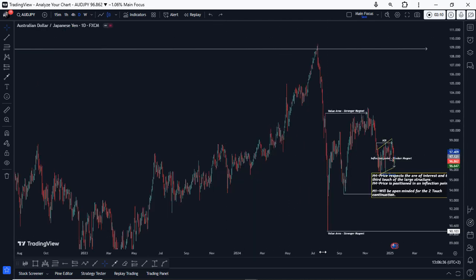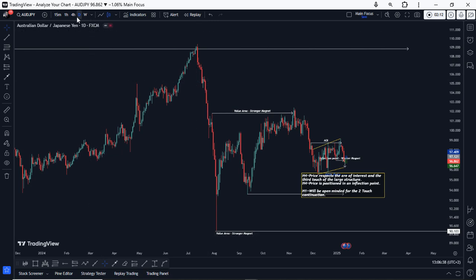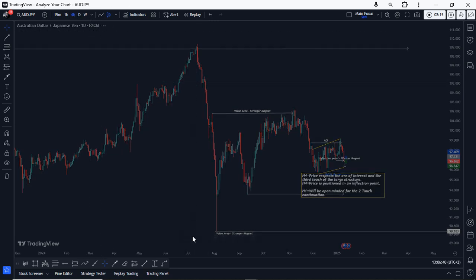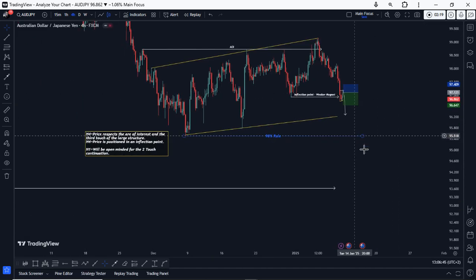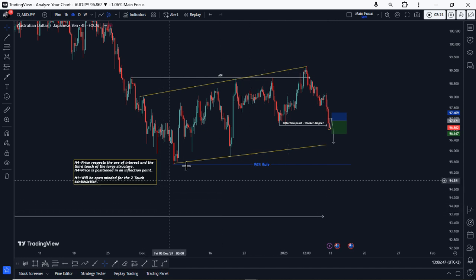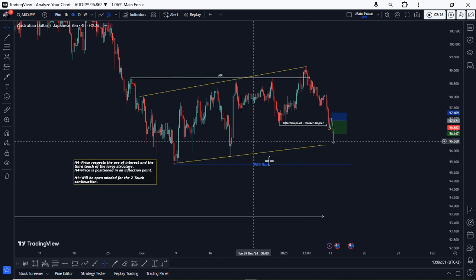I'm going to begin diving into the H4. As we get into the H4, we can see that we have got our area of interest right there, and we have got our 1, 2, 3 large structure.